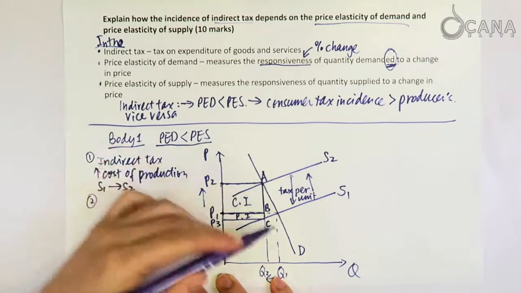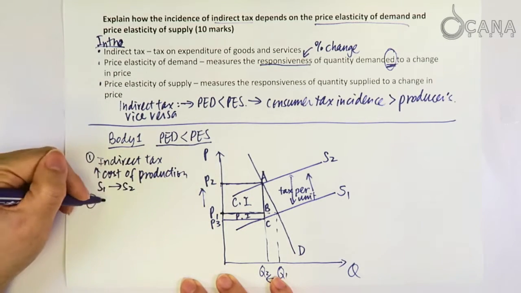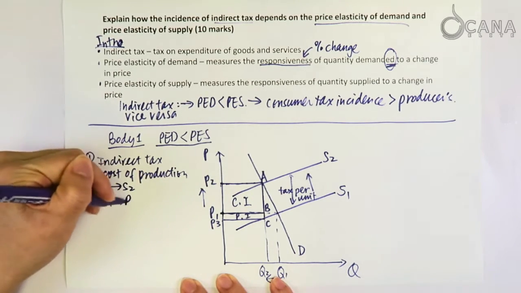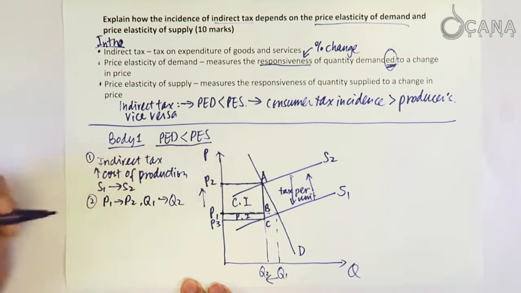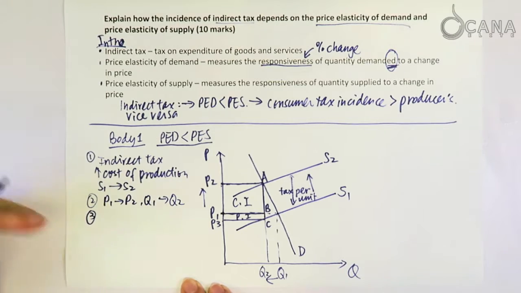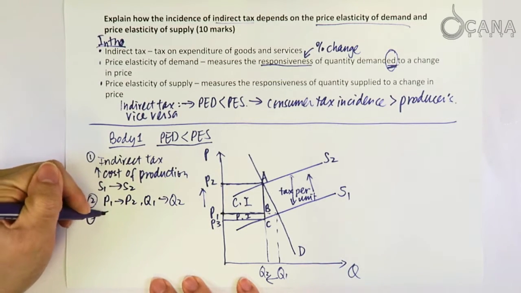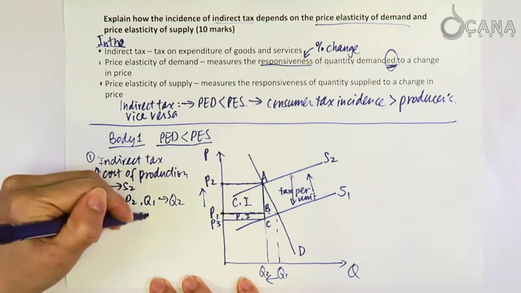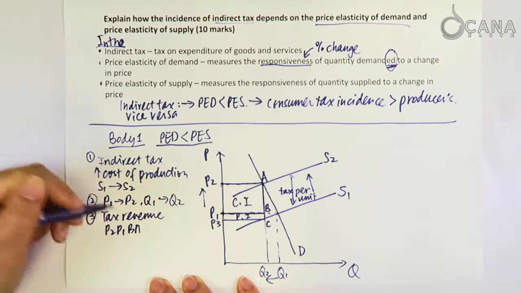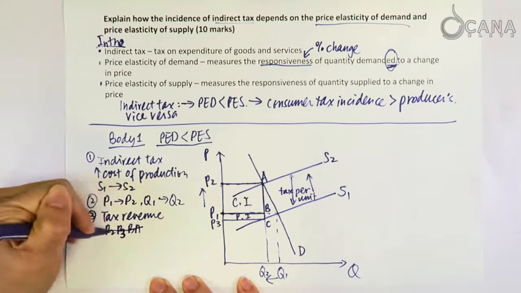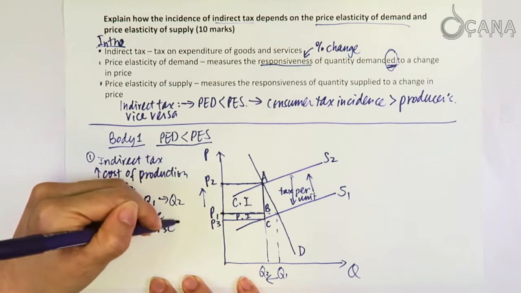If so, the market price now goes from P1 to P2, and the quantity reduces from Q1 to Q2. And then the tax revenue received by the government is actually the area of P2, P1, P2, P3, CA.